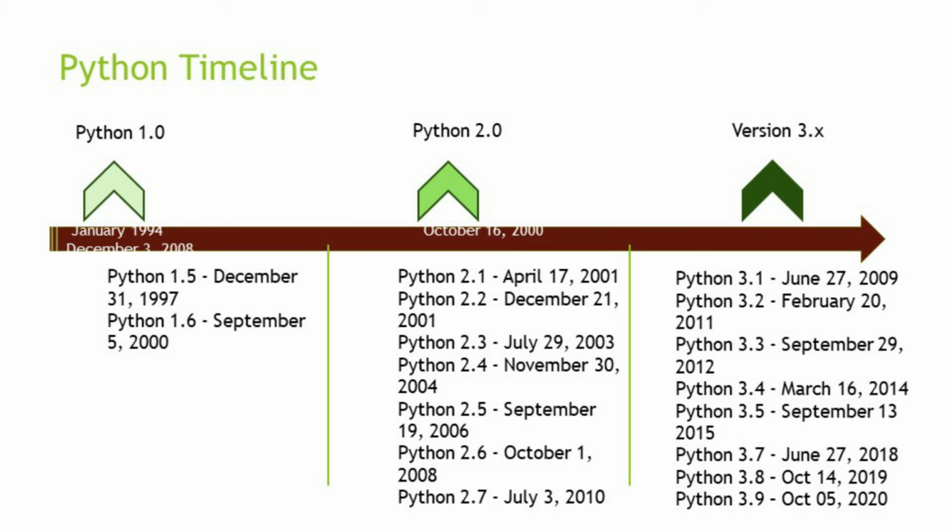Then 2.1 on April 17, 2001, then 2.2 in December 21, then 2.3 on July 29, 2003, followed by 2.4 on November 30, 2004, 2.5 on September 19, 2006, then 2.6 on October 1st, 2008, and at the last 2.7 on July 3, 2010.